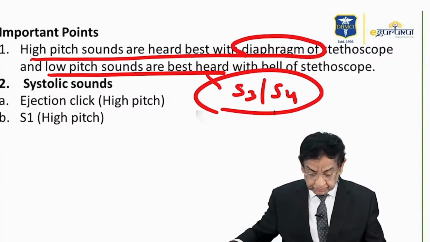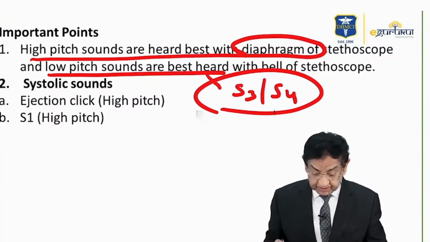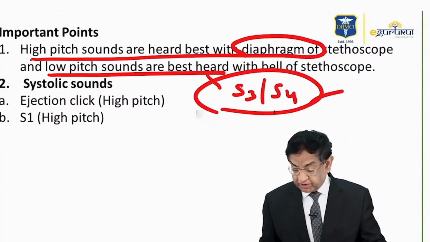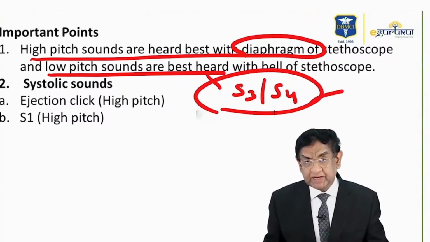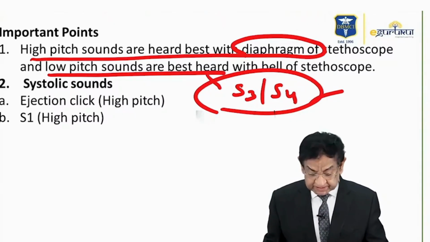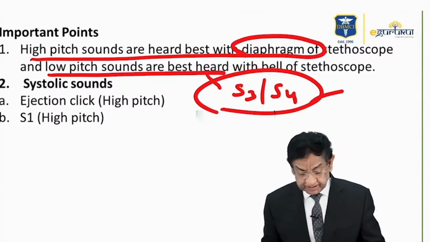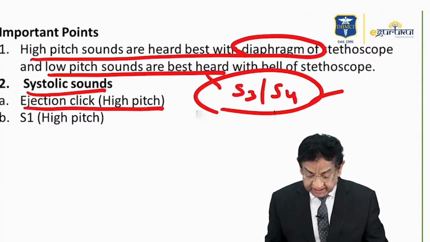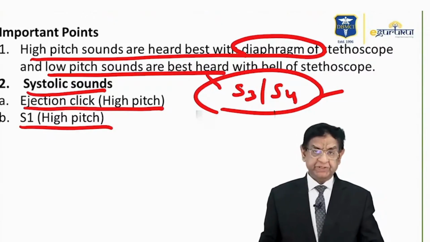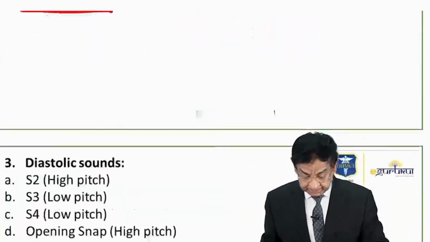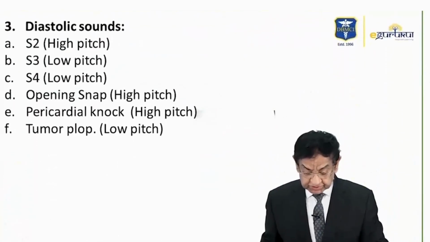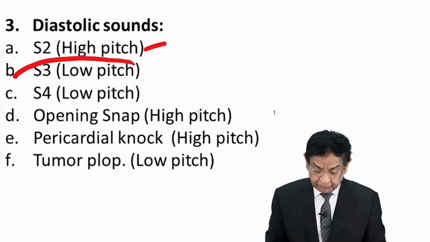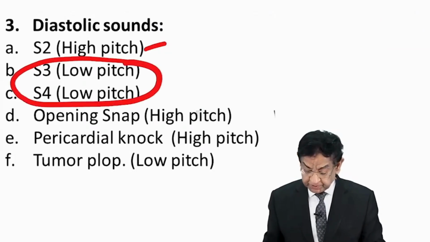Okay. So friends, this is a summary of the use of the diaphragm and the bell. Systolic sounds: ejection click, high pitch; S1 is high pitch. Diastolic sounds: S2 is high pitch, S3 and S4 are low pitch.